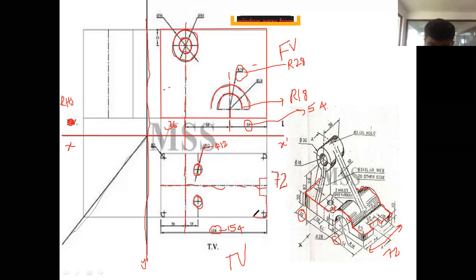Over here we'll also see a rectangular box of 36 from the top view side, and we'll see these lines. At 45 degrees we draw this line, and we take out all the projections.